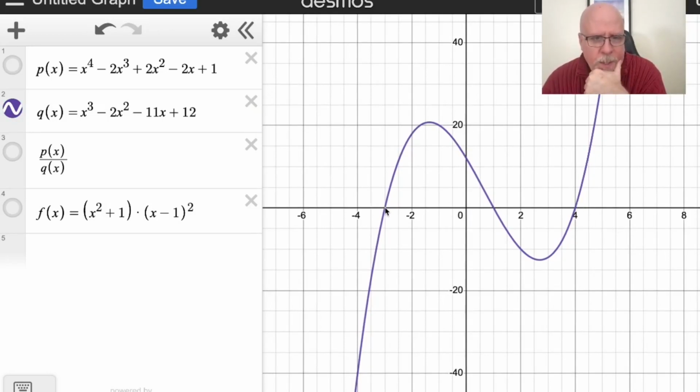It's 0 at -3, at +1, and at +4. That would be 3 linear factors if we could get them out. And I think this is a cubic polynomial, so it's only going to have at most 3 linear factors.